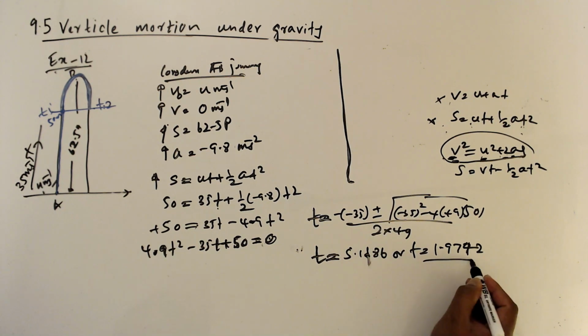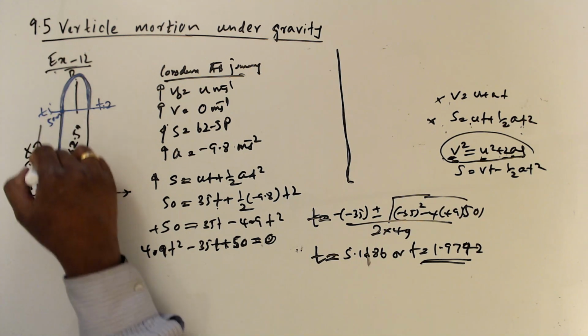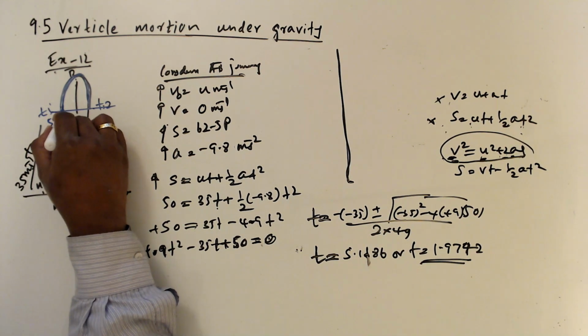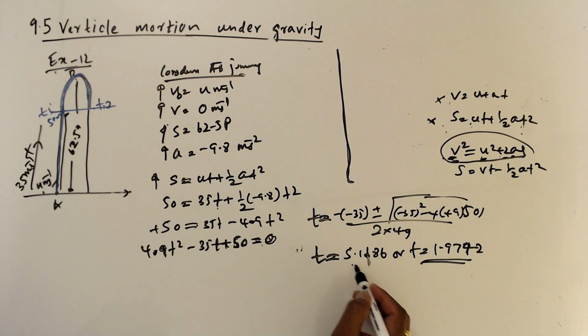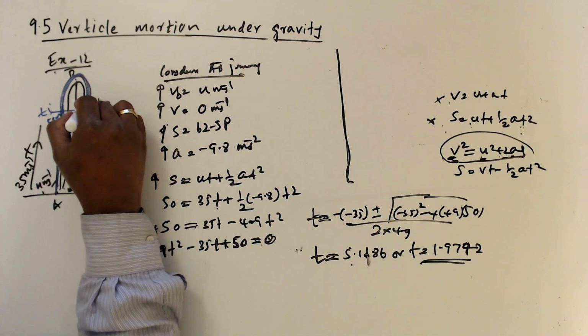So the smaller value is the time taken from the journey start to here, and this one, 5.1686, is from here up to here.